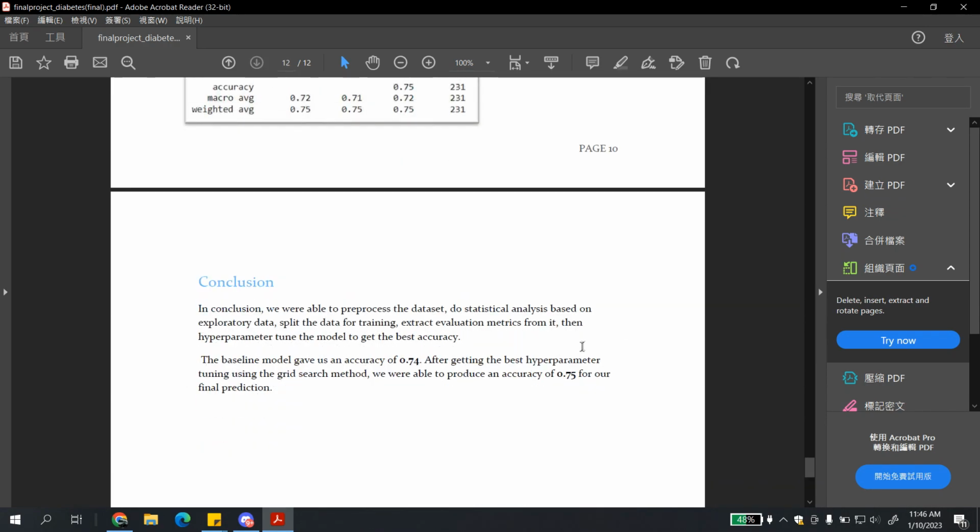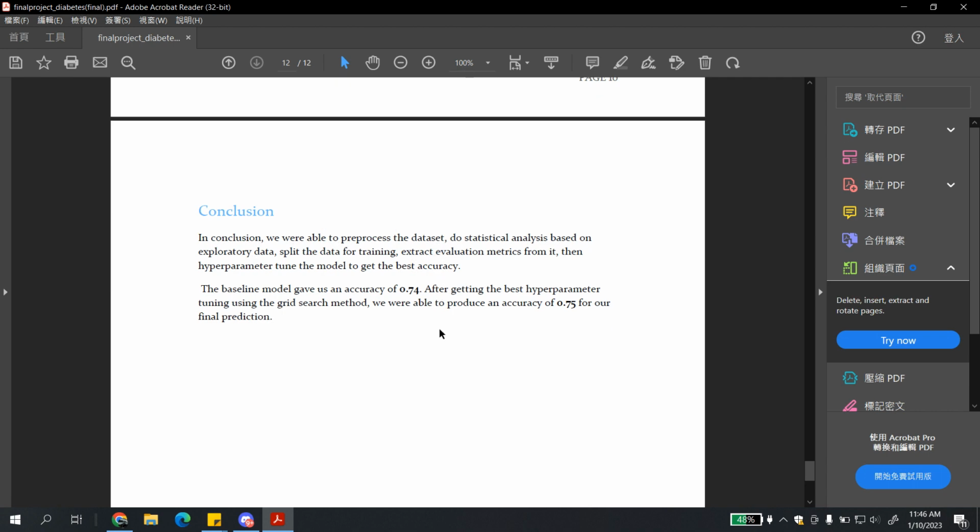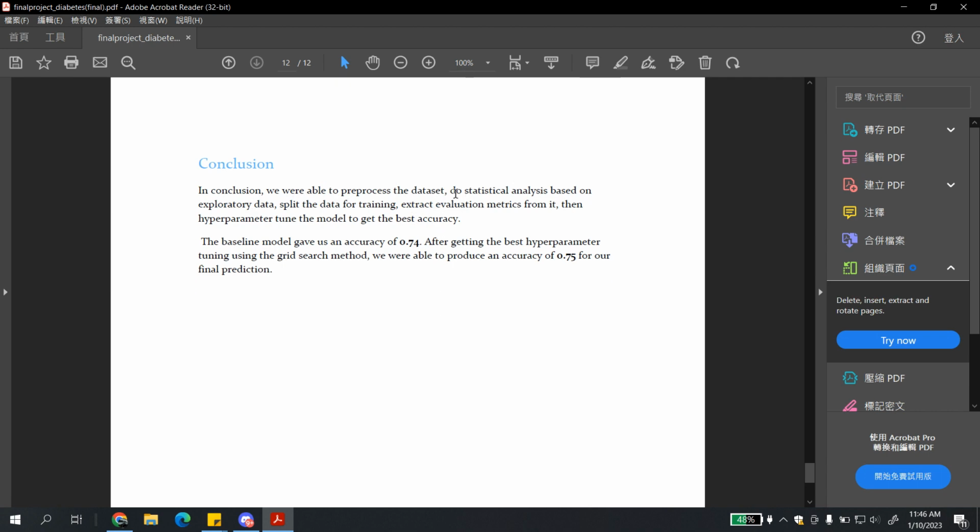So what we learned so far is we can load the data, pre-process it. We also did statistical analysis.